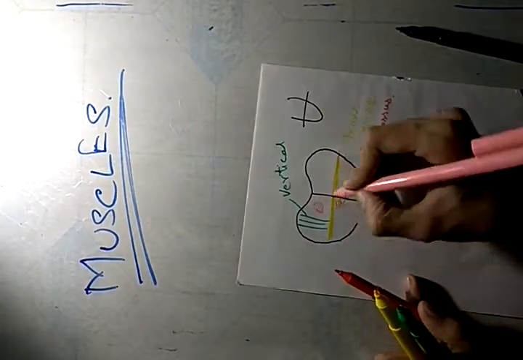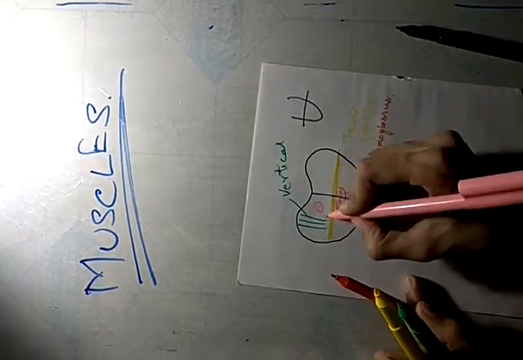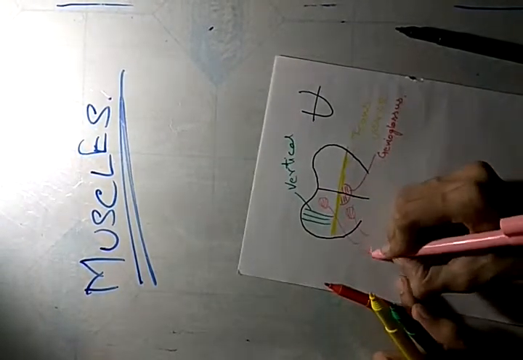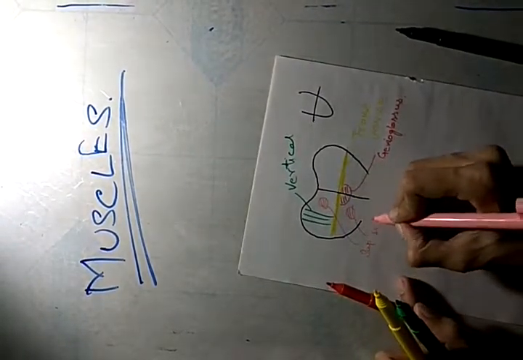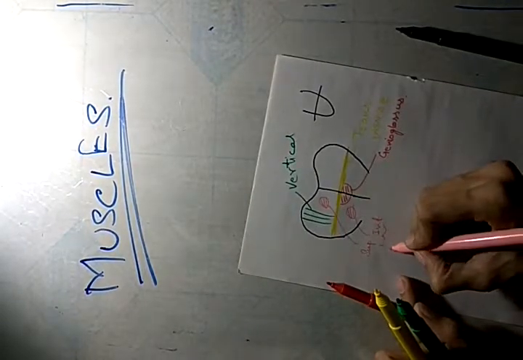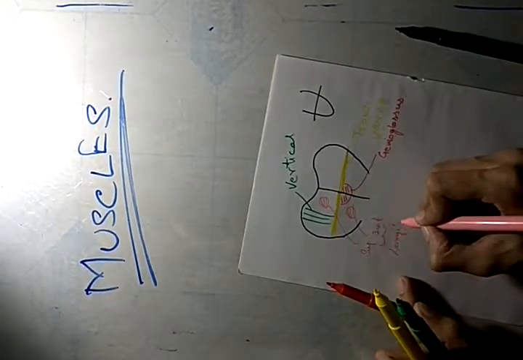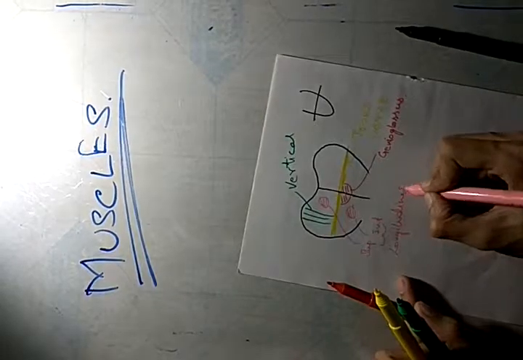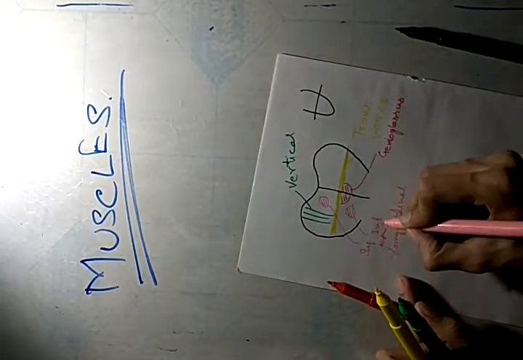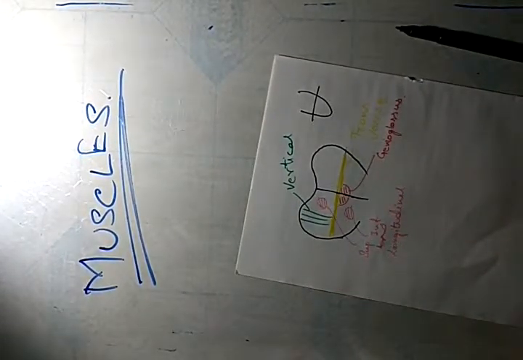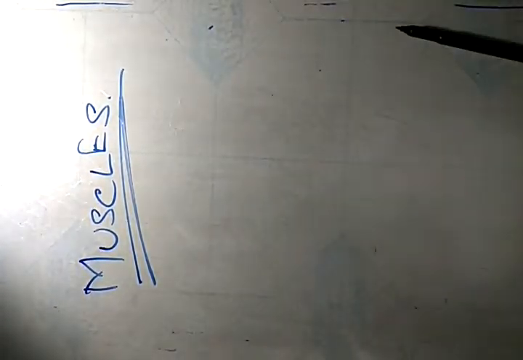So this is our intrinsic muscles. Now what else do we have? Extrinsic muscles. We'll put them on another page.